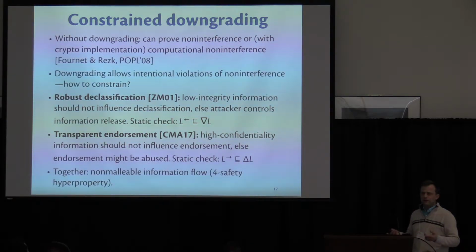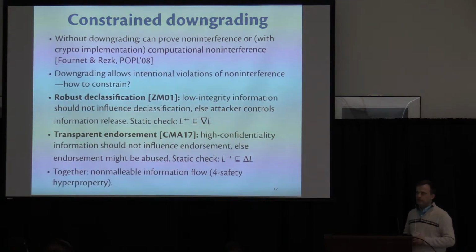This is sort of intuitive. But it's actually connecting the integrity and the confidentiality axes of that lattice that I drew before. And so our compiler statically checks that you don't have that improper influence of integrity on confidentiality. And something we've discovered pretty recently is that there's a dual to that, which we call transparent endorsement, which is you don't want high confidentiality information to affect endorsements that you do.